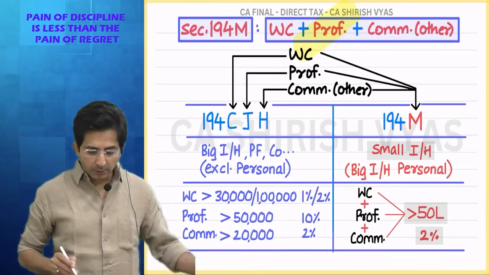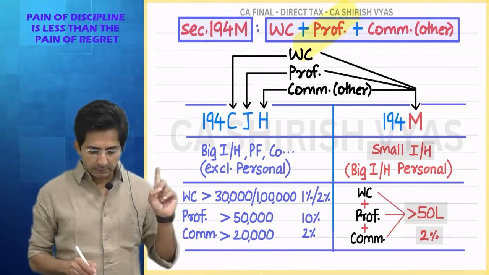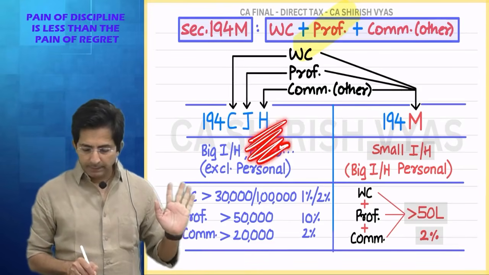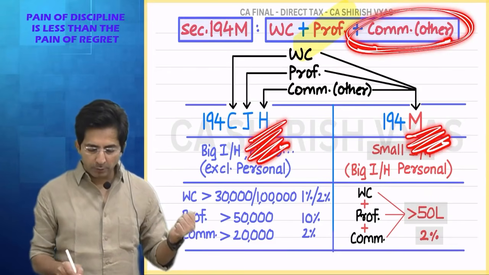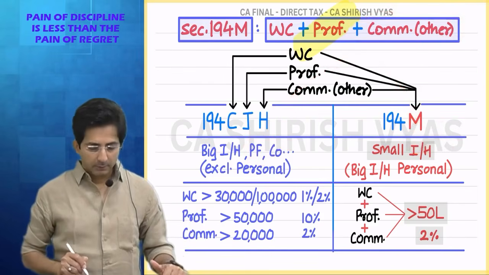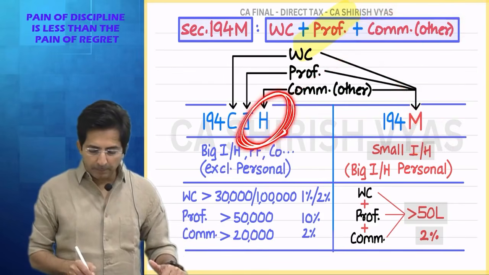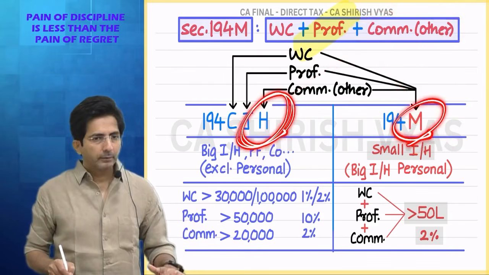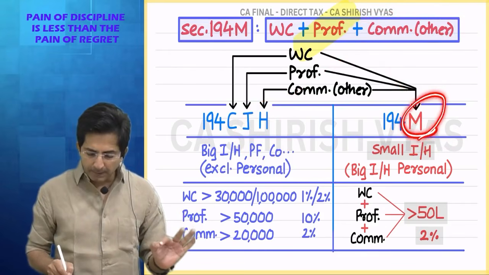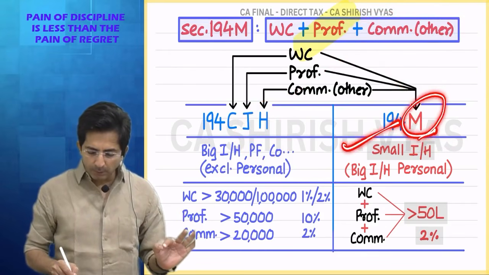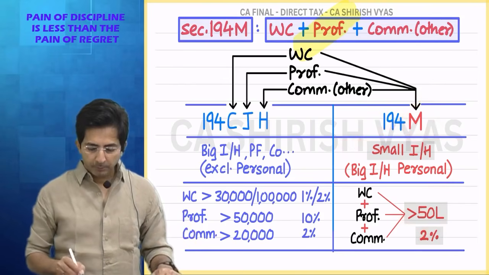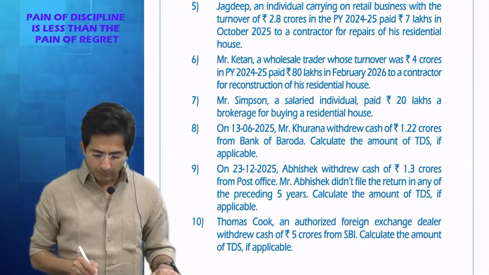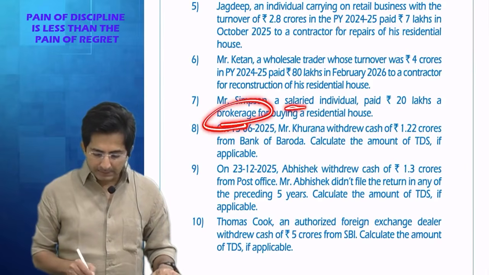And for other commission also there are two sections, main section H and there is a parallel section M. I hope you know for other commission also there are two sections. So should 194H be applied or 194M? It's very simple. 194M applies when it is a small individual HUF making payment of above 50 lakhs. So see here, brokerage is paid by a salaried person.